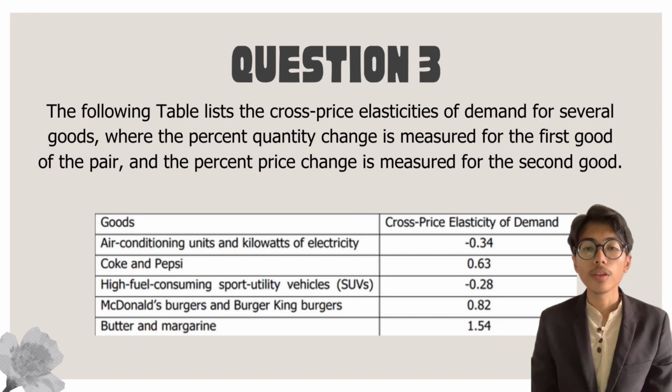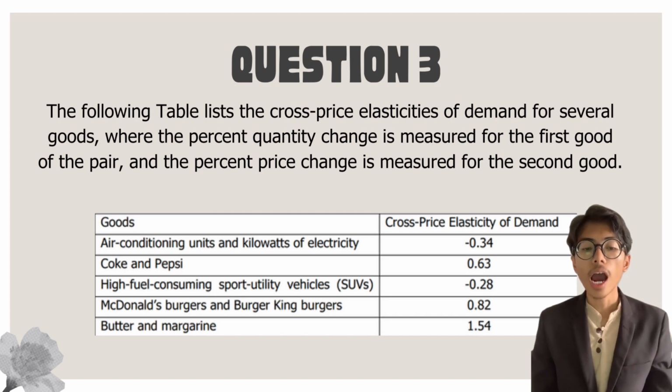Question 3. The following table shows cross-price elasticity of demand for several goods, where the percent quantity change is measured for the first good of the pair and the percent price change is measured for the second good. Number 1, air conditioning unit and kilowatts of electricity, negative 0.34. Number 2, Coke and Pepsi, 0.63.